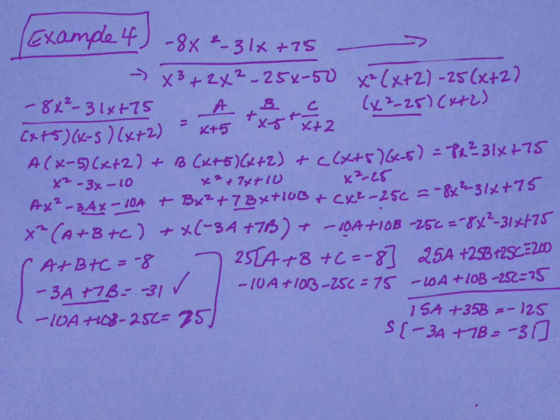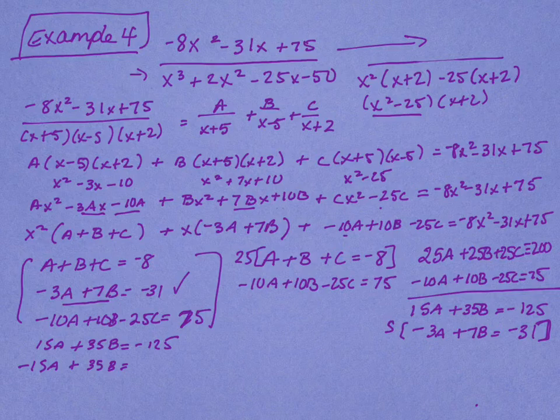So I'm going down here. I have 15A plus 35B equals -125, and I have -15A plus 35B equals, this was supposed to be 31, and then a bracket.